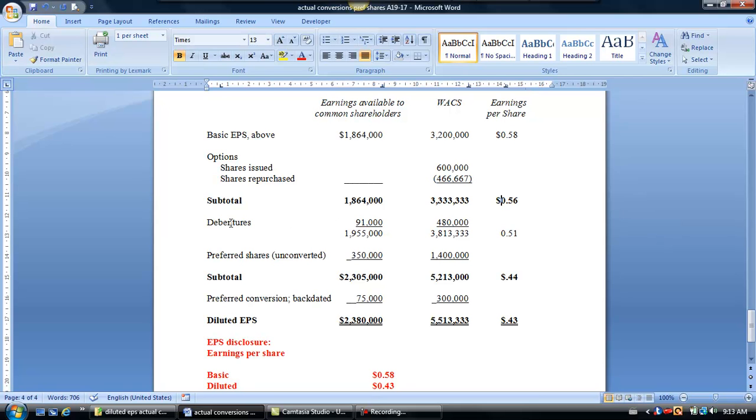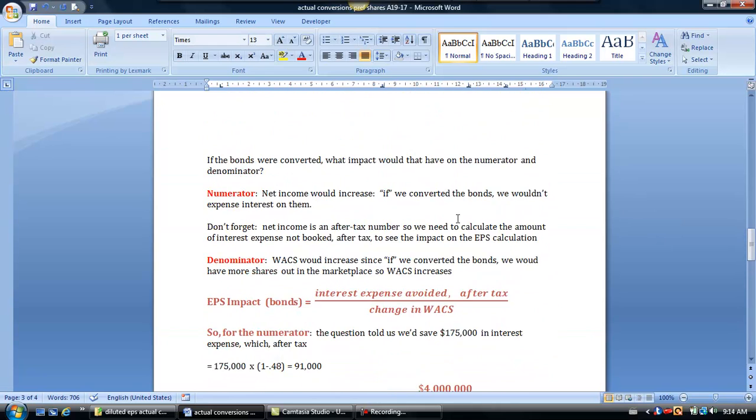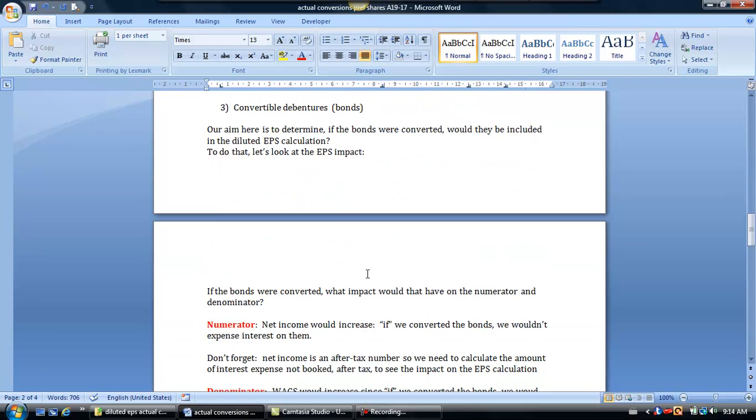So I'm good. Now I'm going to look at the debentures. Why? Because you remember that the EPS impact there was 19 cents a share, which is less than the 25 cents on the preferreds. So now if I do a subtotal and include their impact in here, I'm going to get 1,955,000 as my earnings available to common if those bonds had been converted. And I would have also issued 480,000 more shares. Again, we did that up here when we looked at the bonds, right?